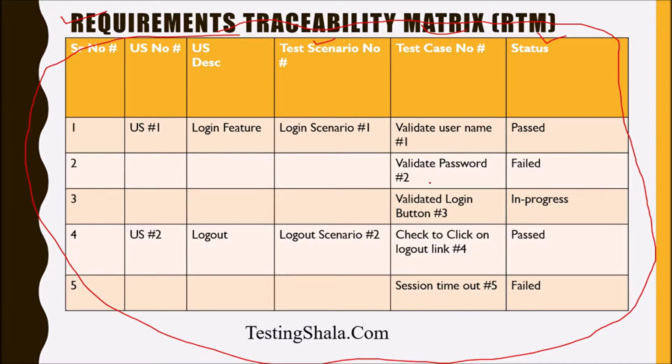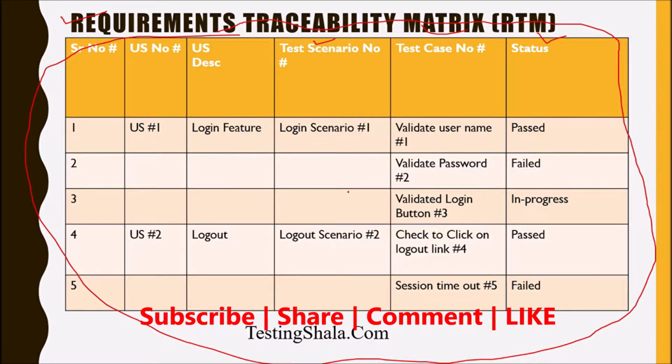So let's understand what the ingredients are. I try to make it as simple as possible for you to understand how the requirement traceability matrix would look like. This is a simple version of requirement traceability matrix. We can further add many columns to talk about detailed design, high level design, unit tests, or the different aspects of test cases.